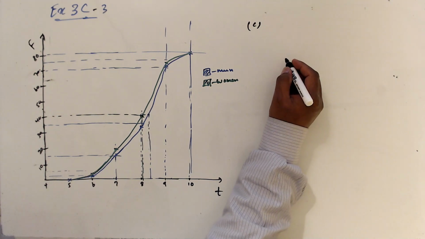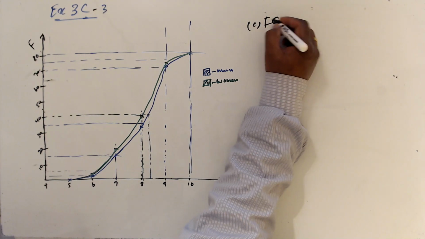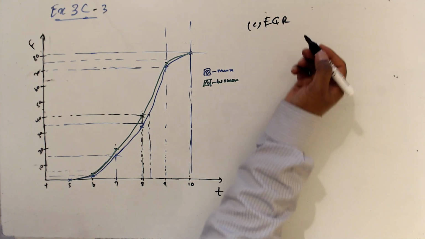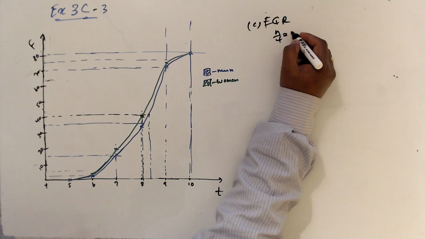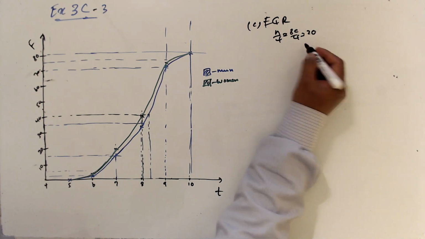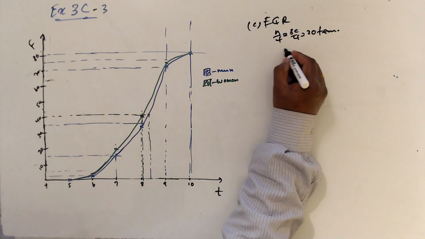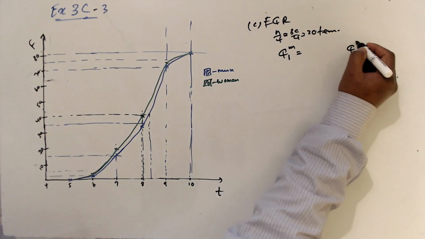Part C, we want to find which gender has the biggest spread of time. Basically, we need to find the interquartile range. So the Q1 is n divided by 4, 80 divided by 4, 20. So then the 20th term, we need to find Q1 for men and Q1 for women.